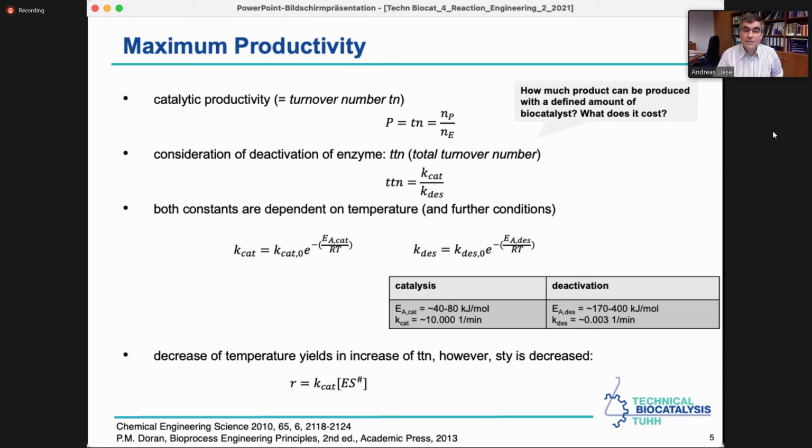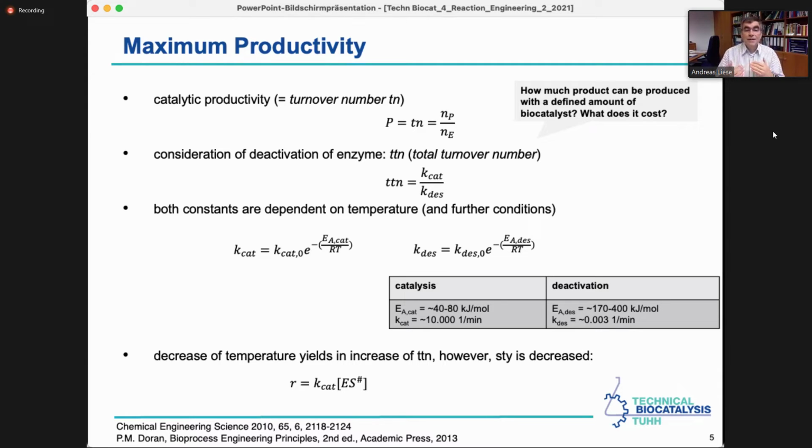Both constants are dependent on temperature, the reaction rate of the system and the deactivation. And therefore, this is also a view we can consider. Decreasing the temperature yields most of the time an increase of the TTN. However, space-time yield is then decreased because we can produce less, as there is lower activity per time unit and volume.